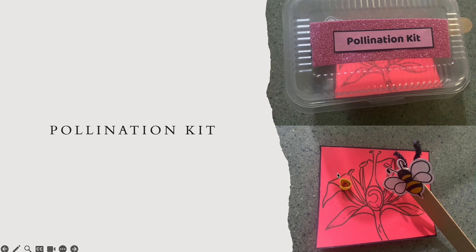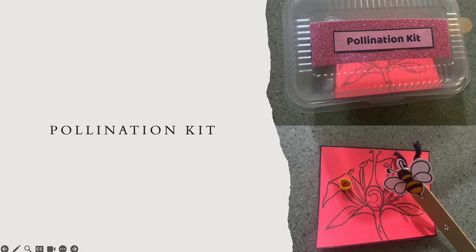To create this kit, I first recycled the container from the pupils after they would have eaten their breakfast, and so I washed and reused that container. I used foam paper for the label as well as regular cardboard. Inside of the kit, you will find a flower that was printed, and I made a bee which I printed out.